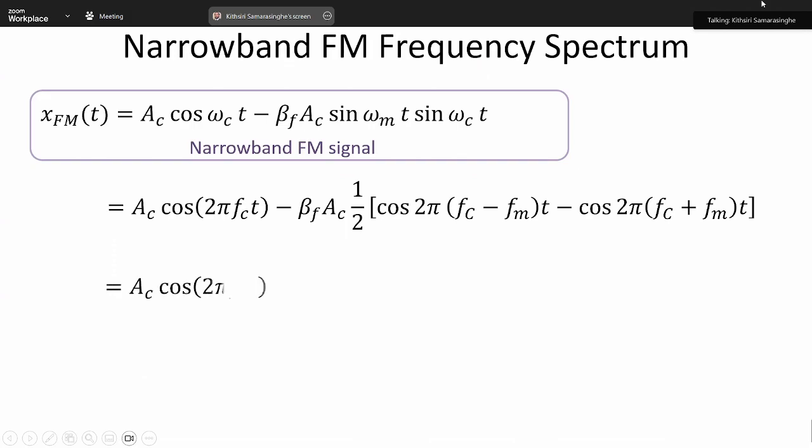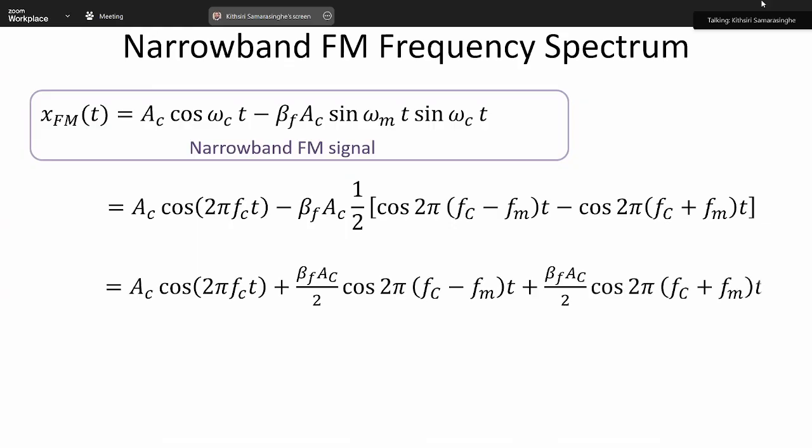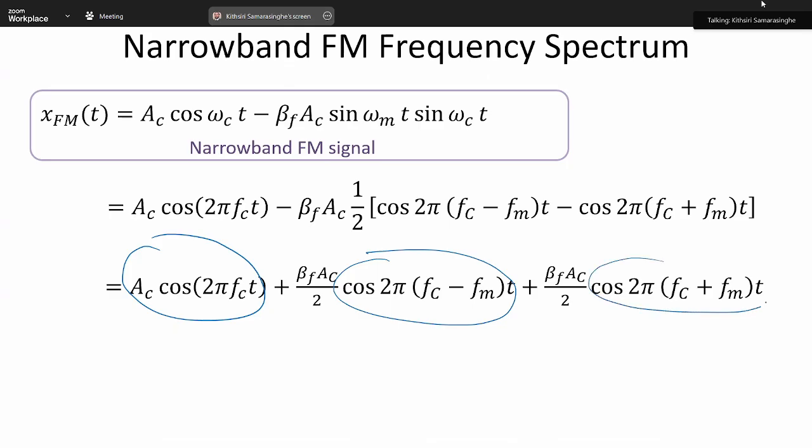Now the frequency components are separate, so you can plot the spectrum. You can see the carrier component. You can see the upper side frequency component. You can see the lower side frequency component, just like AM, isn't it?